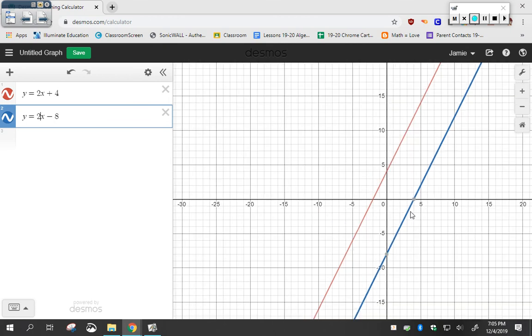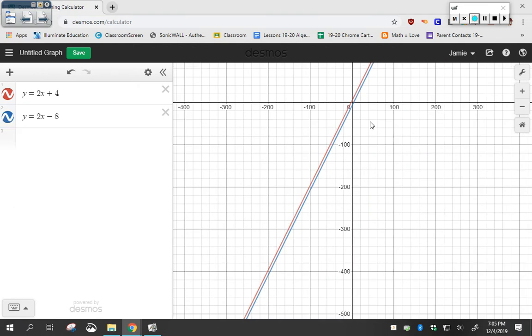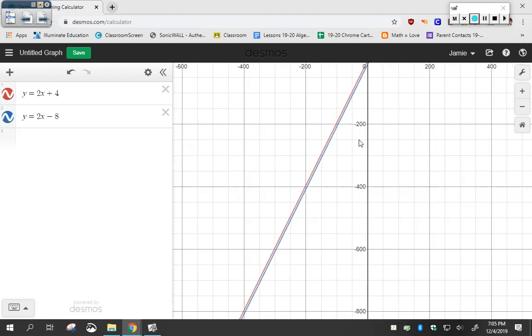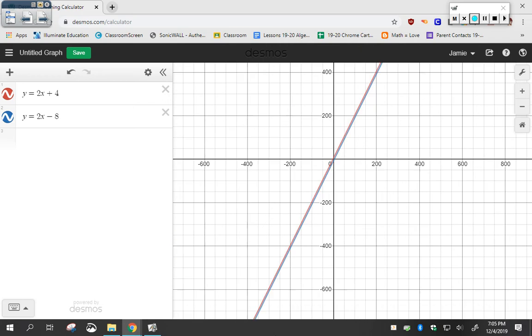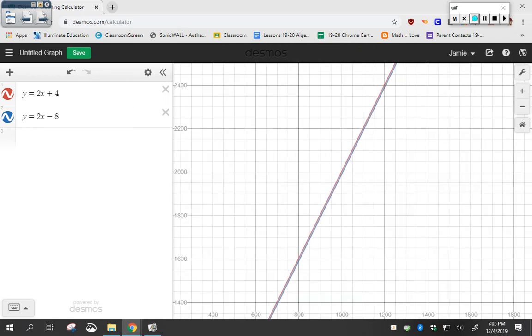They are not intersecting. If I zoom out, yeah, they're getting closer, but it's only because I'm zooming out. They still run side by side. They are not one line. They don't cross over, they don't overlap, the slope doesn't change. So forever, they're going to be the same distance apart.